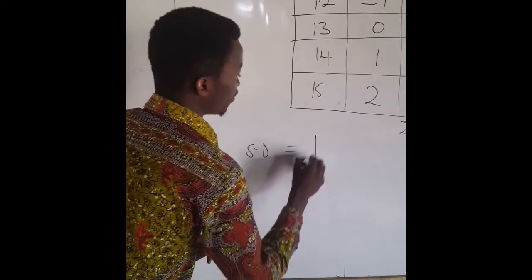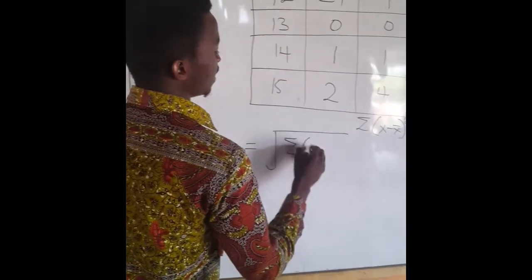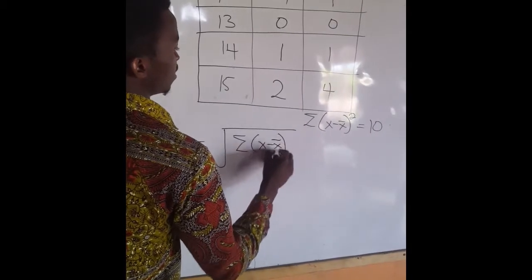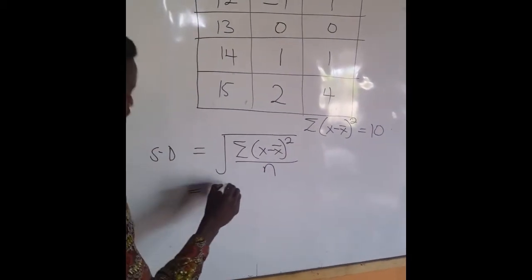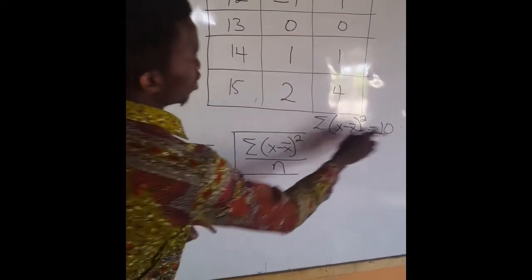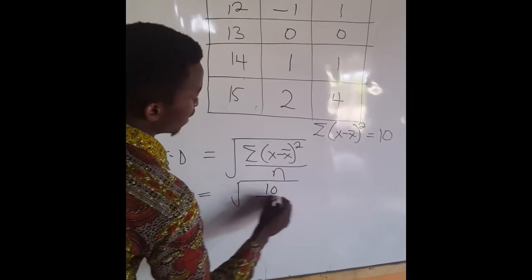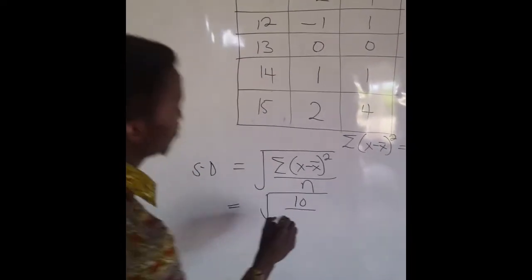Now, our standard deviation is going to give us the root of summation x minus x bar squared all over what? N. So here we are going to get root of 10 divided by n. N means the number of elements, which is 5.